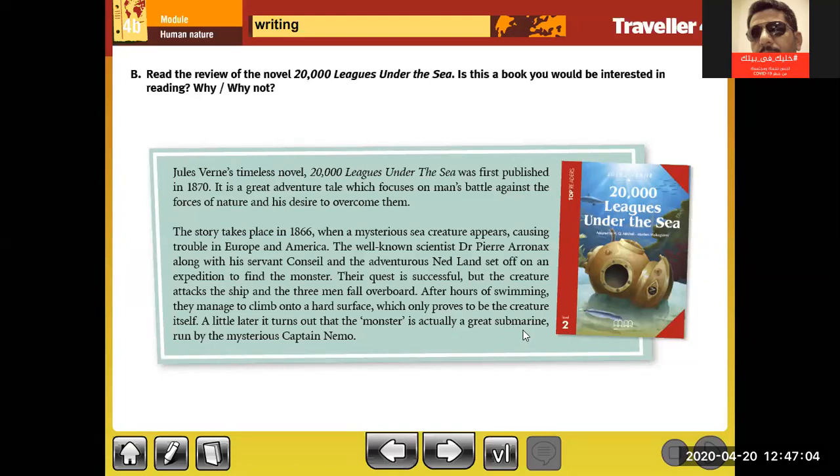What is a submarine, guys? This in the picture is a submarine. It's a kind of ship which goes under water or under the sea, operated by the mysterious Captain Nemo.